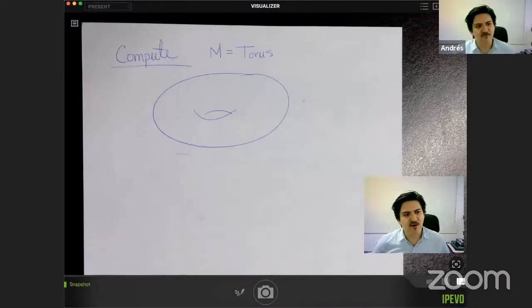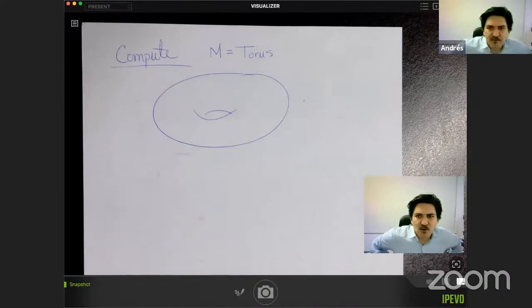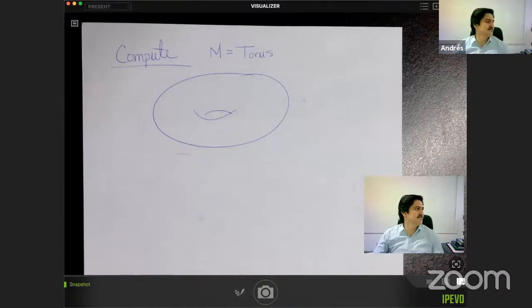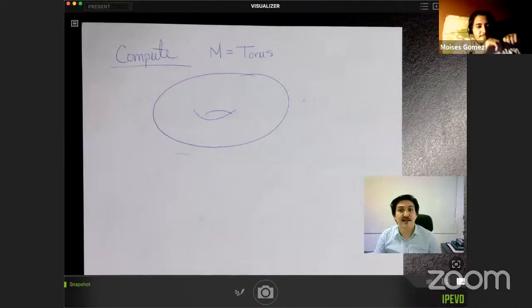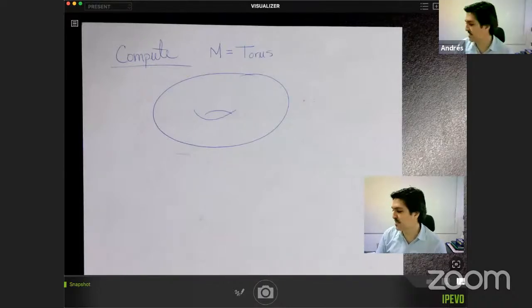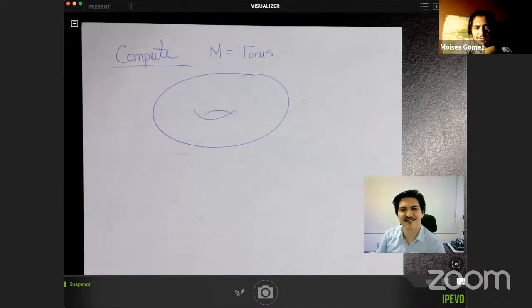I need a cover of the torus by 2 open sets. What is U and what is V? I need options. Those cylinders. Come again, Moises? 2 cylinders. And in the intersection, what would it be? 2 circles. 2 smaller cylinders.